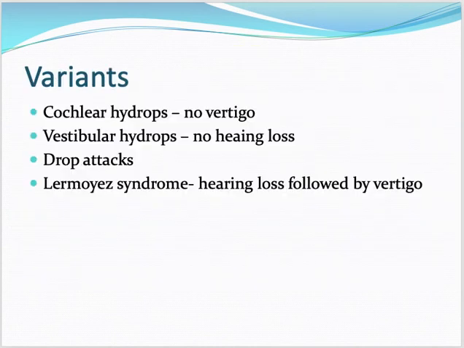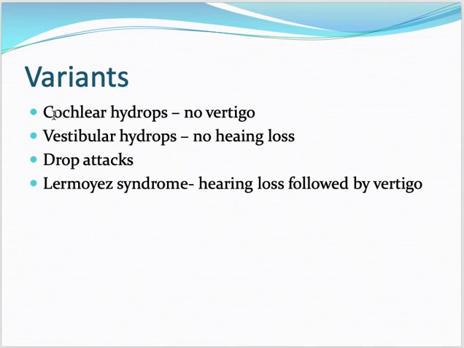Okay, leave this thing. There are some variants of this condition as well. There is cochlear hydrops, in which there is no vertigo, and vestibular hydrops, in which there is no hearing loss. Remember, the cochlea is the one whose function is hearing.